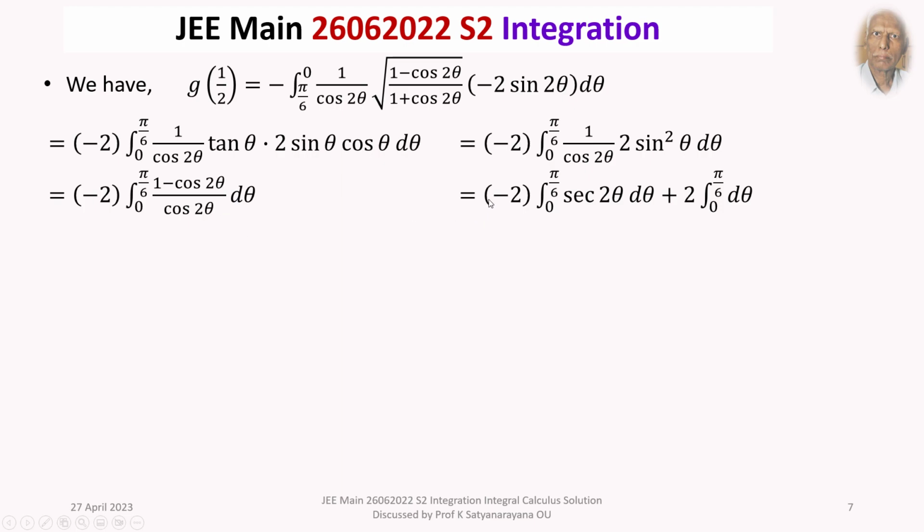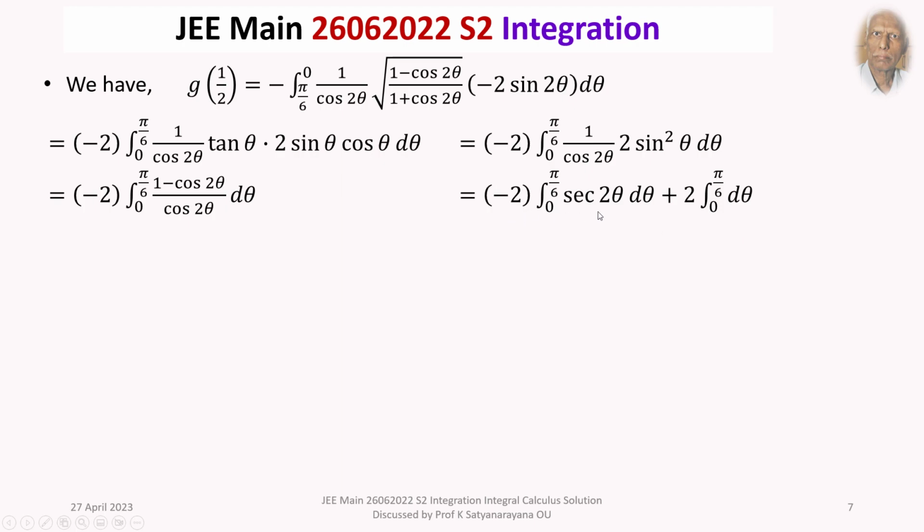So that will be equal to minus 2 into integral 0 to pi by 6 1 by cos 2 theta is secant 2 theta, minus 2 into integral 0 to pi by 6 secant 2 theta, minus 2 into minus, that is plus 2 into integral 0 to pi by 6 cos 2 theta by cos 2 theta, that is 1 d theta, that is d theta. So that's what we got.